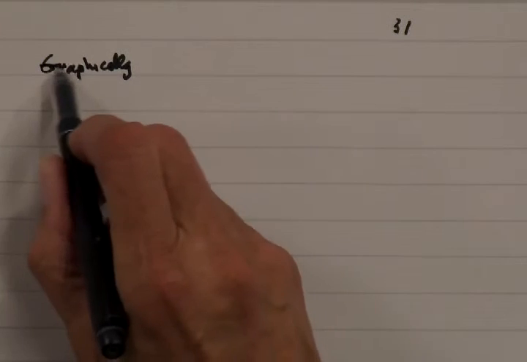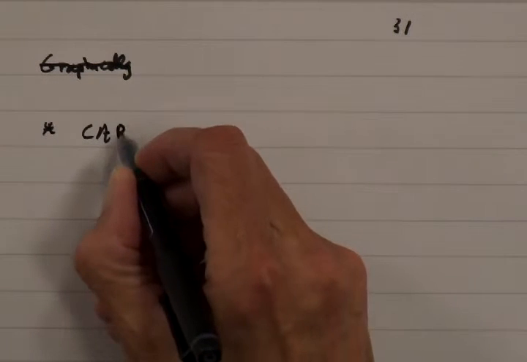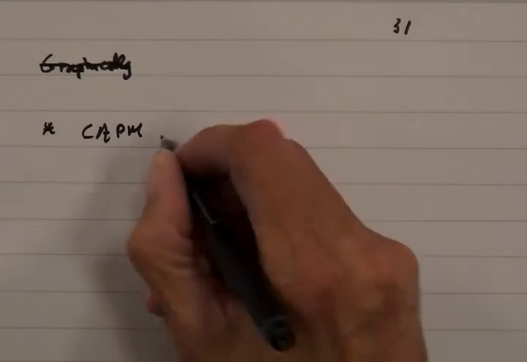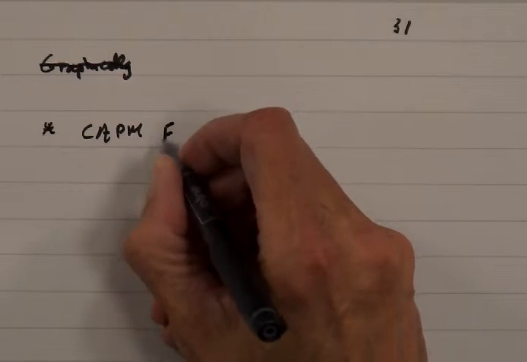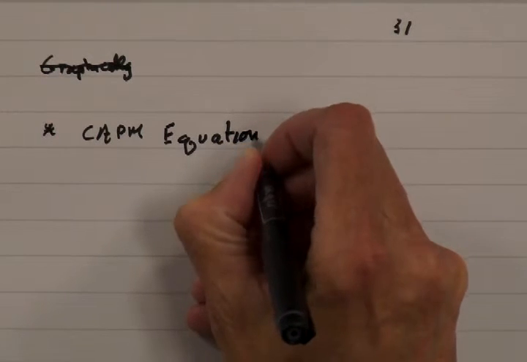Let's give the equation first, the CAP-M equation. We'll do it graphically in just a second. This shows exactly how the risk premium varies.